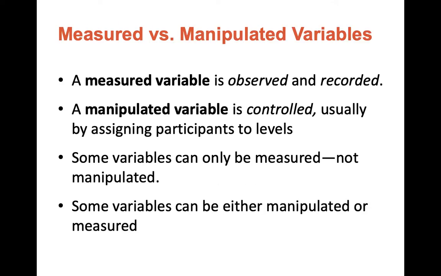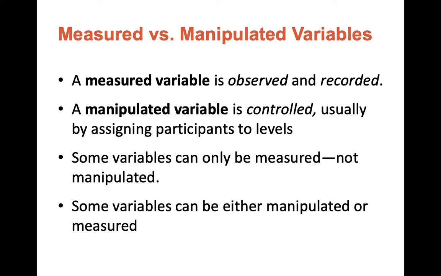Another important distinction is between measured versus manipulated variables. In a measured variable, the levels of the variable are observed and recorded by the researcher. Measured variables might be height, IQ, gender, hair color.